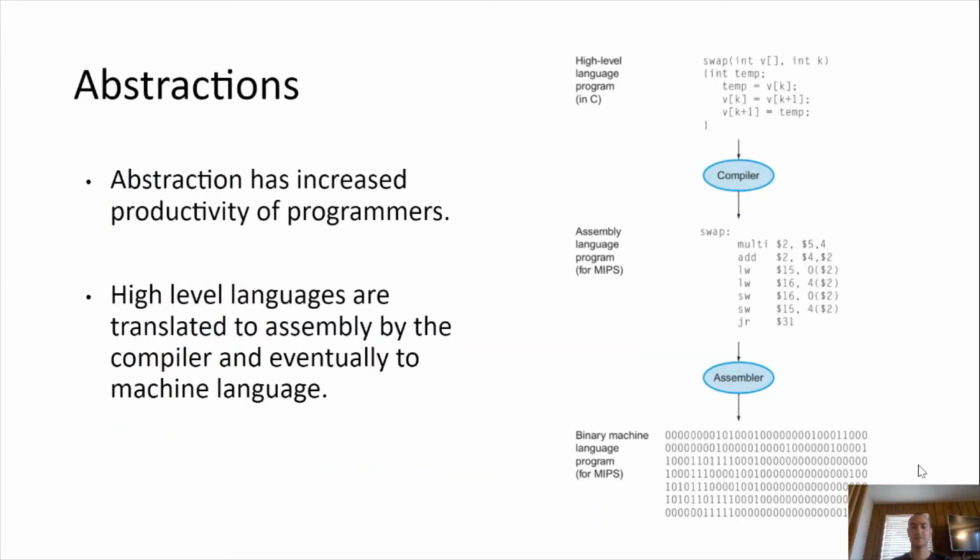We have seen abstraction before, and we said that abstraction basically hides the details of any system, and you interact with that system without knowing those details. If you think about the high-level language and assembly or machine language, you see that the same thing is going on here.